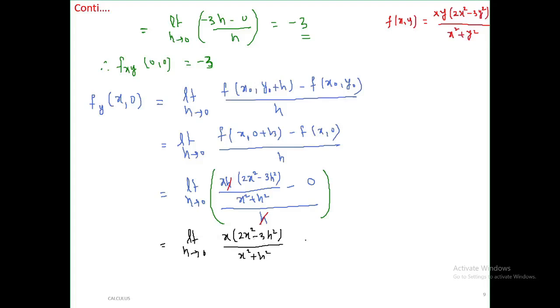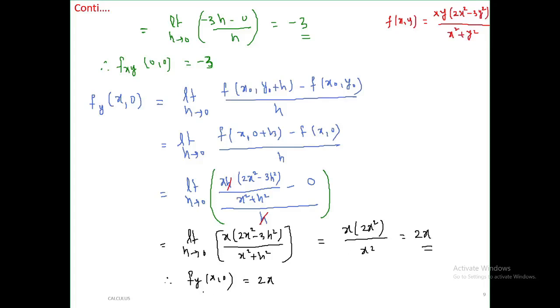Now substitute h is 0. Then you get x into 2x square divided by only x square. The square is out, and you get 2x. Therefore f_y at (x, 0) is just 2x.